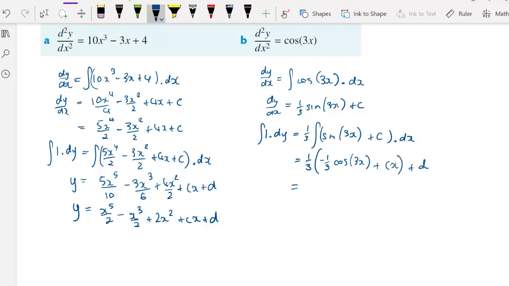So that means we've now got negative 1 on 9 cos 3x plus 1/3 cx plus d is our integral. So there's our general solution.